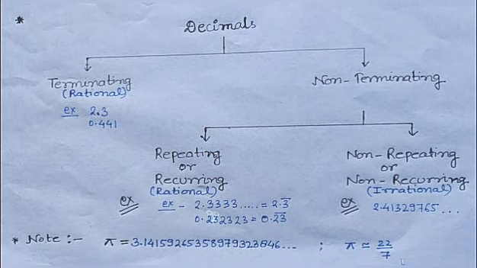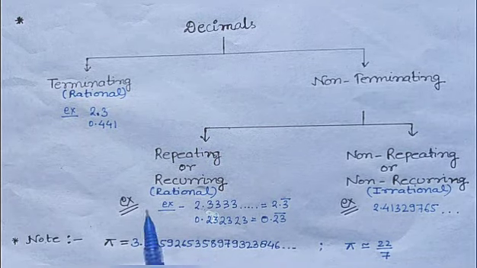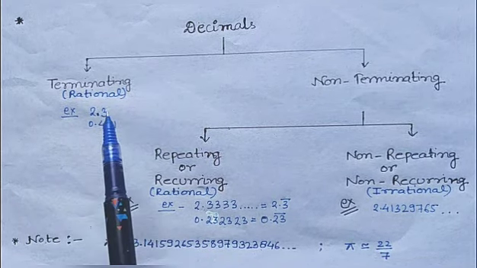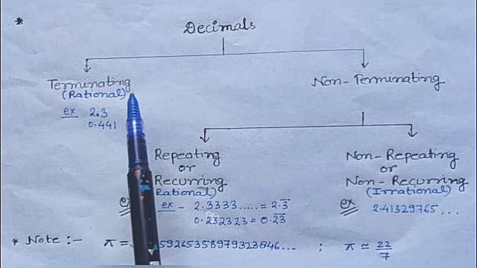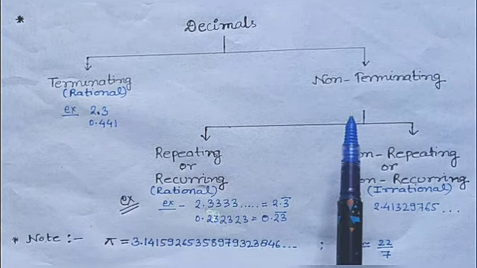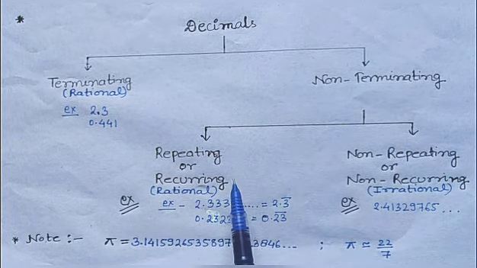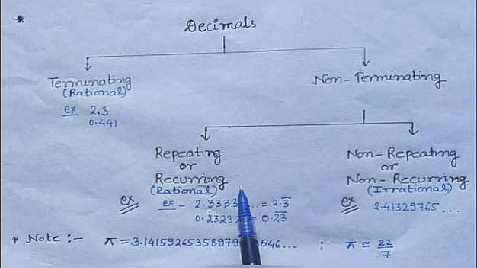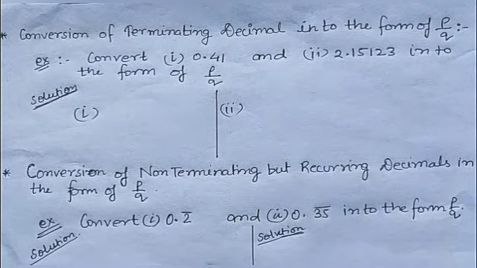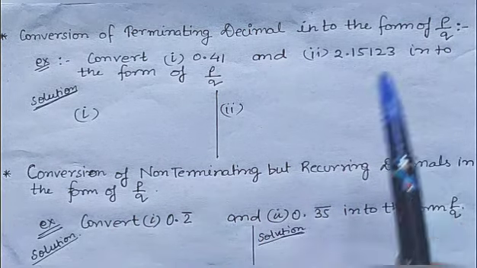Okay, now students, we will take some examples to see how we can represent a terminating decimal in the form of p by q, and how we can represent this type of non-terminating decimal, means repeating type of non-terminating decimal, in the form of p by q. So students, you can see conversion of terminating decimal into the form of p by q.